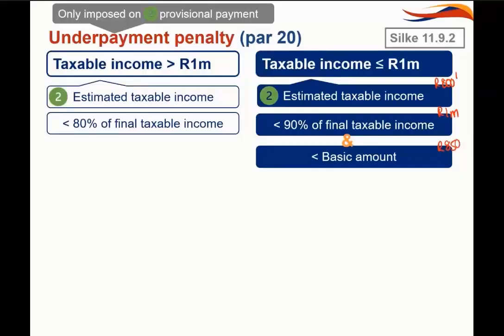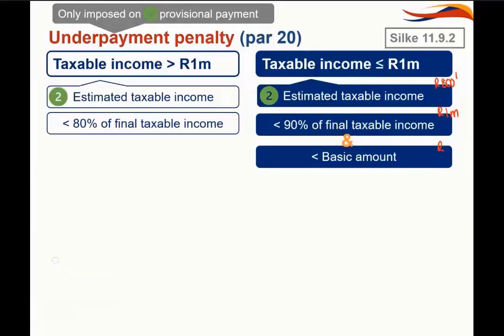Okay, that means my estimate is less than my basic, and my estimate is less than 90% of my final amount. It is 80% of my final amount. Then I'm going to be subject to an underpayment penalty.